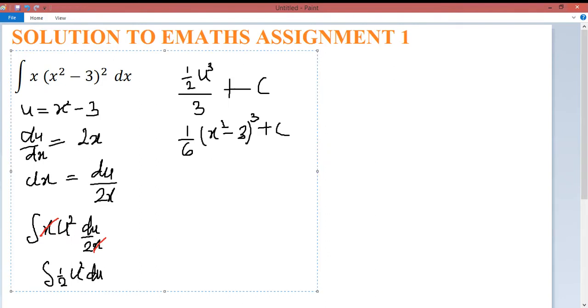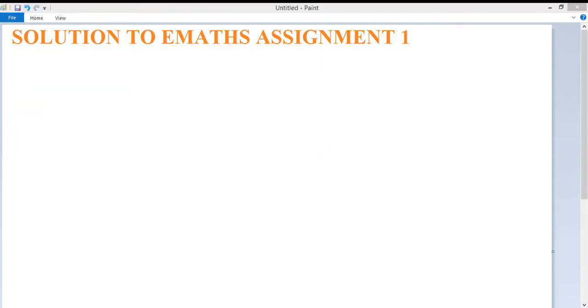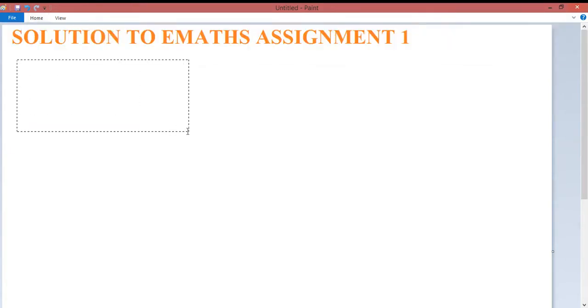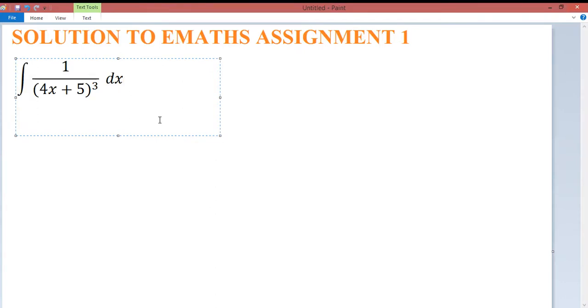Question number 2. We were asked to integrate 1 over 4x plus 5 all cubed.